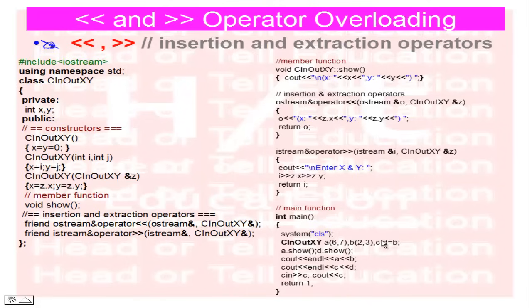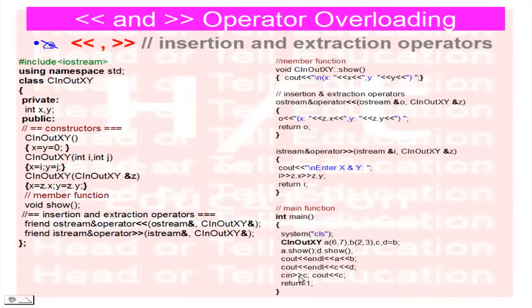So here I am using the copy constructor, here the two argument constructor, and this is the zero argument constructor. Now check the values. Before learning the insertion and extraction operators, we used our show function to display the value of our object, like a dot show and d dot show.